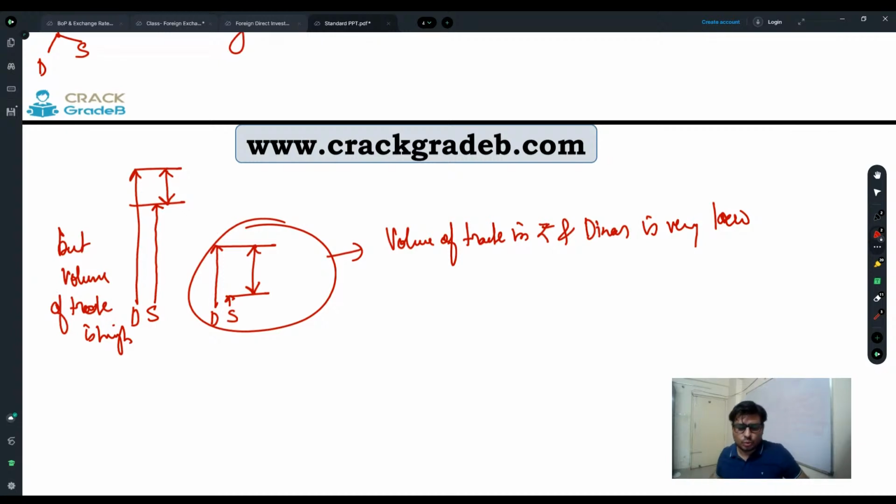So there is no need to feel that the currency is very powerful. Kuwaiti dinar is very powerful because its exchange rate value is much higher than any other currency. It is not like that. How powerful your currency is, is going to be depicted by the trade volume, at what level your currency is in circulation all over the world.